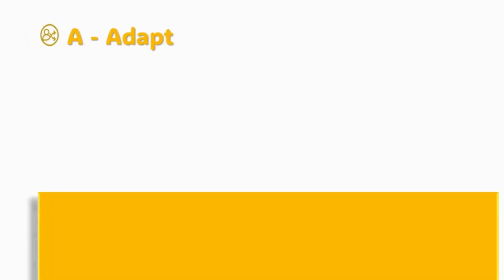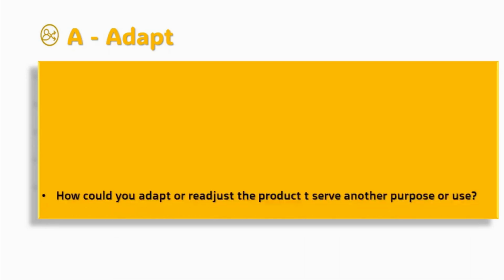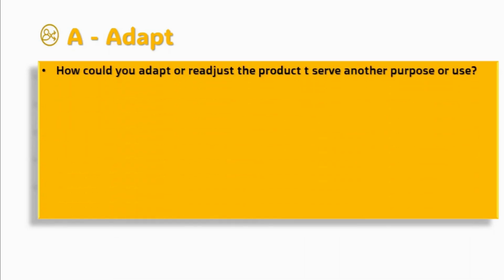Now we come to the third step, and that is adapt, right? While on this step, you must ask this type of question, or discuss with your team: how could you adapt or readjust the product to serve another purpose or use? What else is like your product?